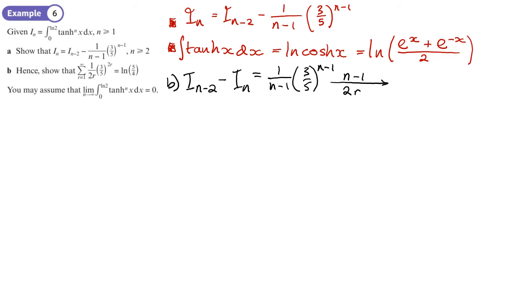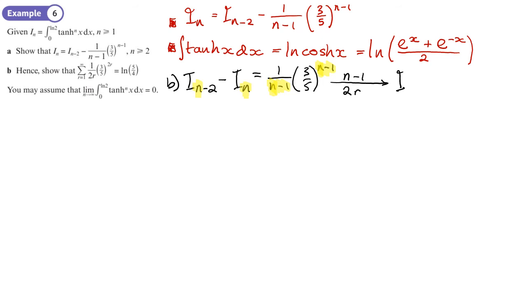So remember what I'm doing is replacing all of these n's, here, here, here and here, or the n minus 1, I'm replacing with 2r.